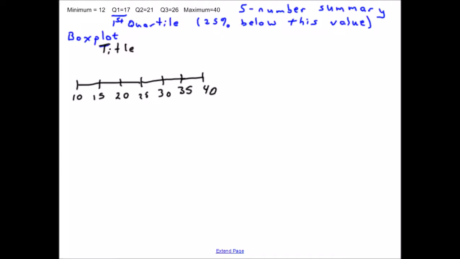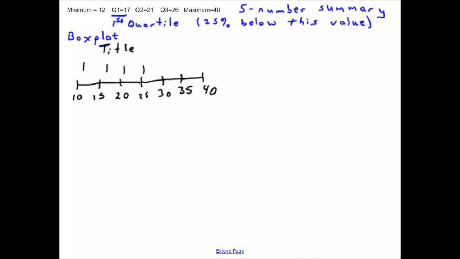For the box plot then, you make hash marks for each of those 5-number value points. So the first one there, marked even with where 12 should be. The second one where the 17 would be. And then the 21. And then the 26.